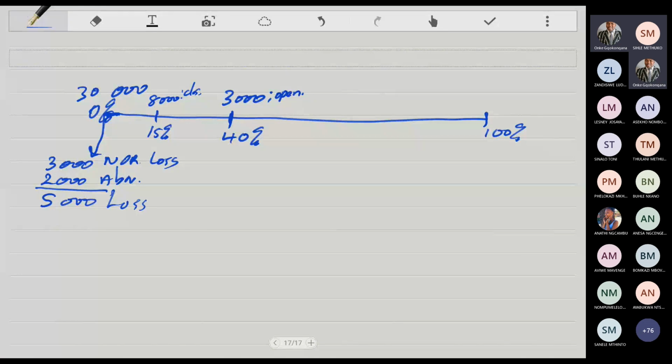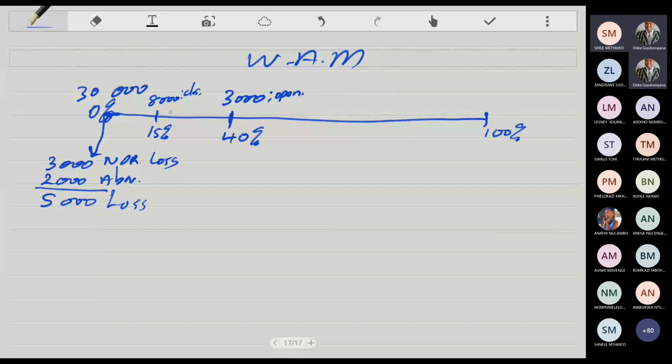So you need to look at the units that you are going to start with at 0%. And the method that we're using here is the weighted average method. So the 40% units, the 3,000 units, is going to wait for the 30,000, which is going to be 30,000 minus 5,000. Then you move on at 15%, then you drop 8,000. And this 8,000 was part of your units at 0%. So in this case, you are going to share your normal loss between completed units and your closing work in process.